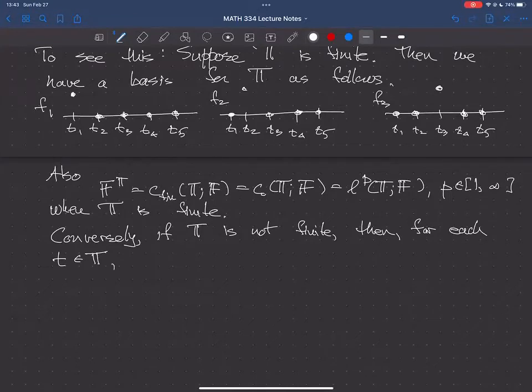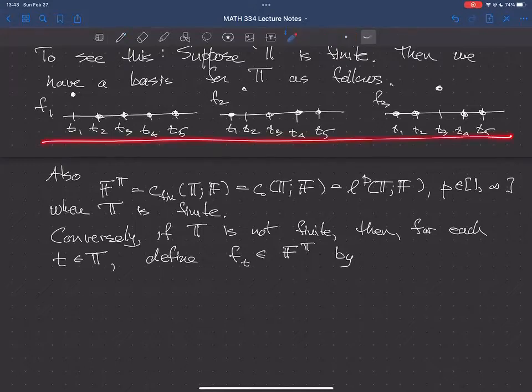So for each t in T, define F sub t. Okay, and this is going to be a signal on the time domain T, and it's going to be the obvious thing. It's going to be one of these things. Okay, but now it's going to be defined not a finite number of them, but a countable infinite number of them.